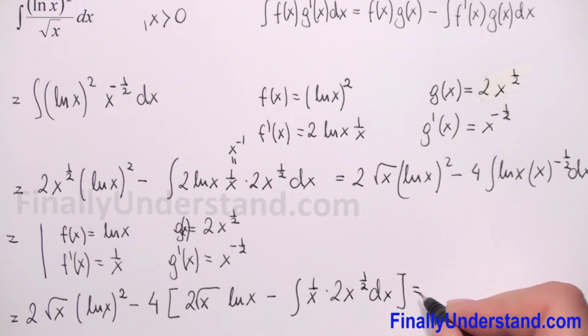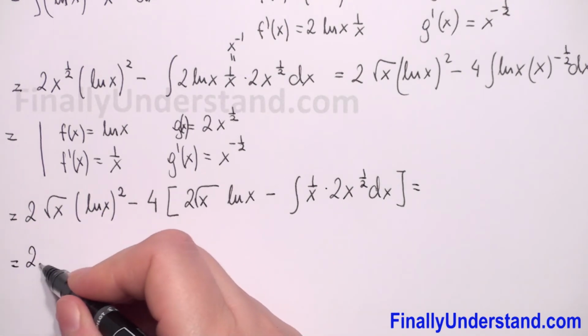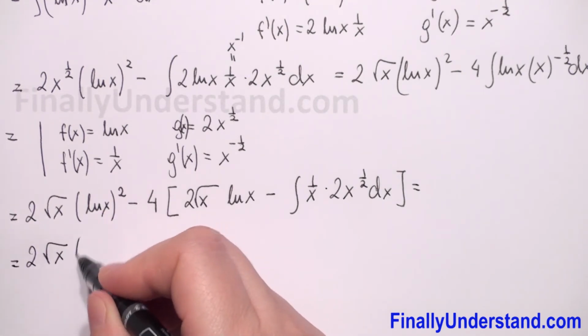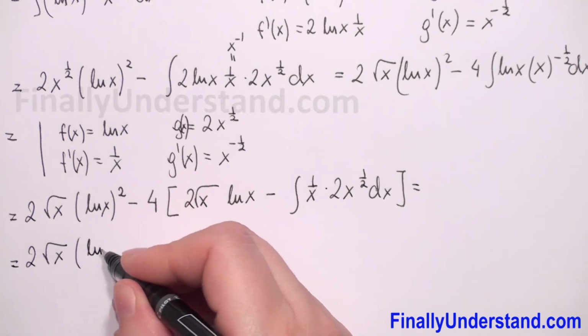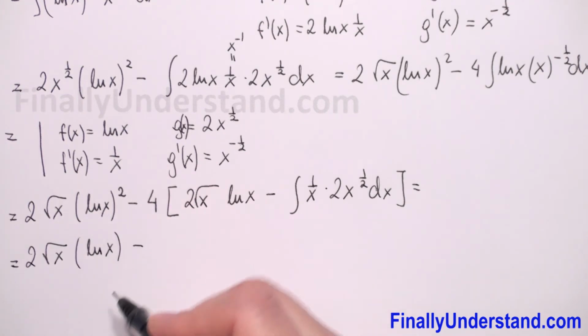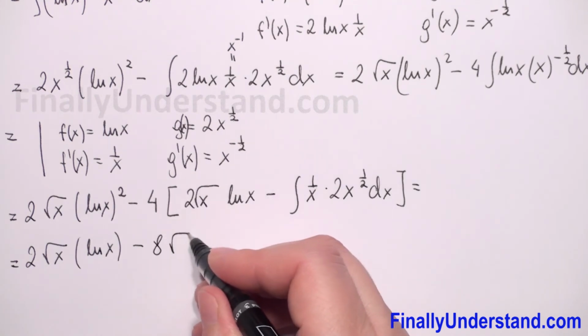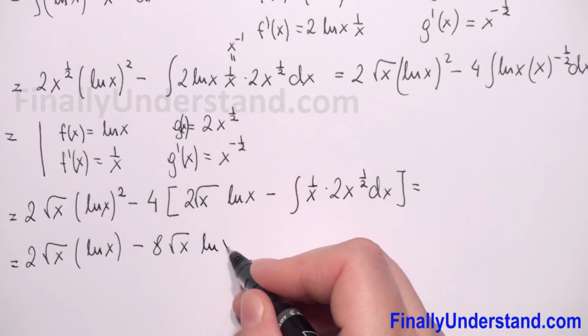Close brackets, this is equal to: we copy 2 square root of x times the square of natural logarithm of x, minus 4 times 2, which is 8, square root of x natural logarithm of x.